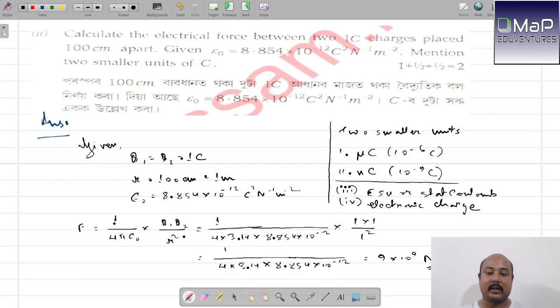The charge of an electron is the quantum of electronic charge, so that is also considered as a smaller unit of electric charge. Okay, so this is all about question number 2a, second option.